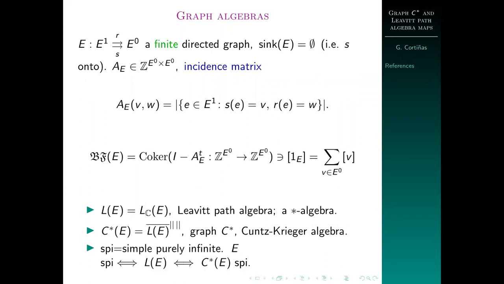So I will say that the graph is simple, purely infinite, or SPI, if it satisfies the conditions of the hypothesis of the purely infinite simplicity theorem, which are equivalent to requiring that LE be simple purely infinite, and also to requiring that the C-star algebra be simple purely infinite.